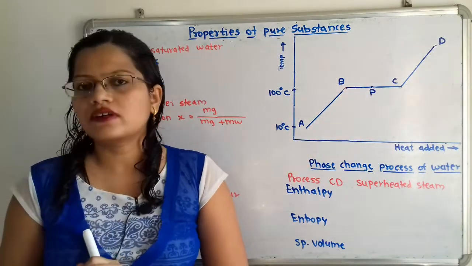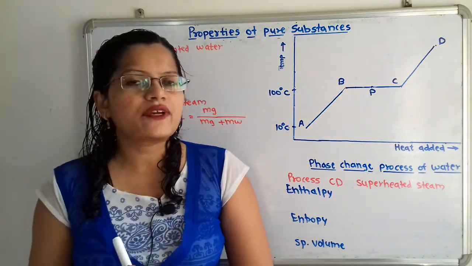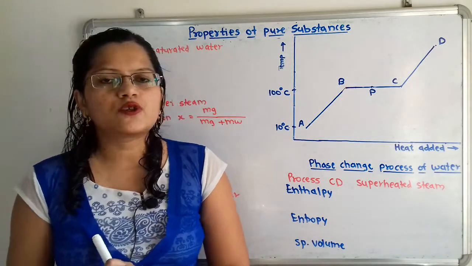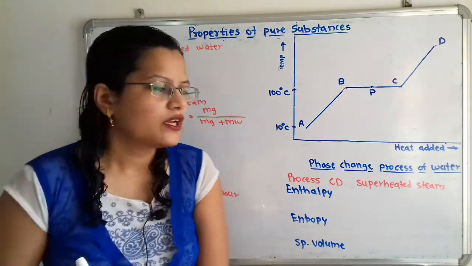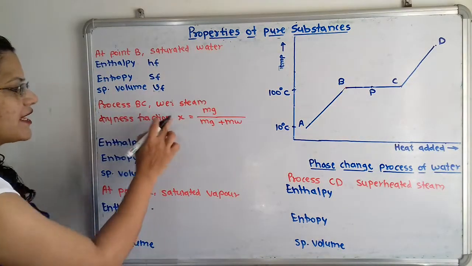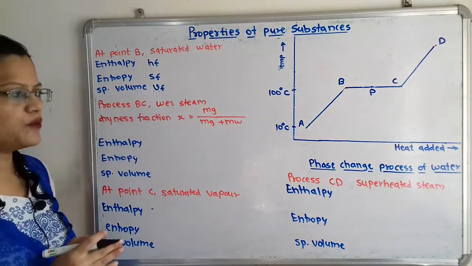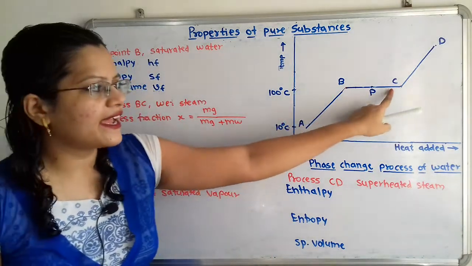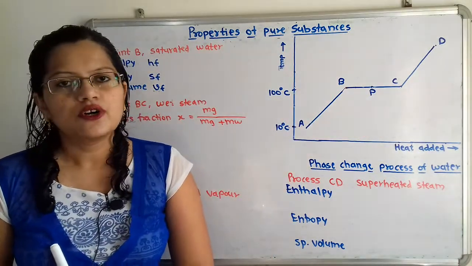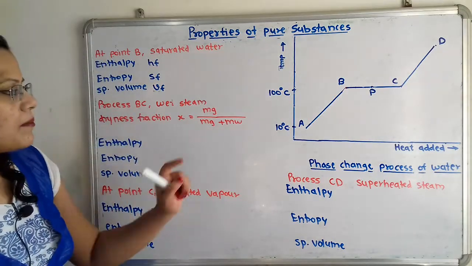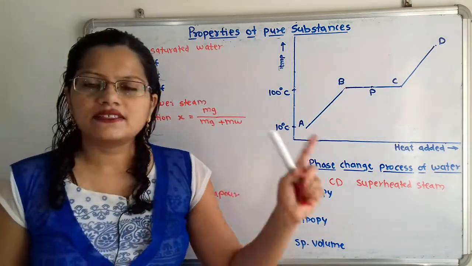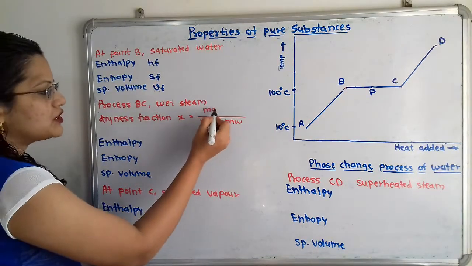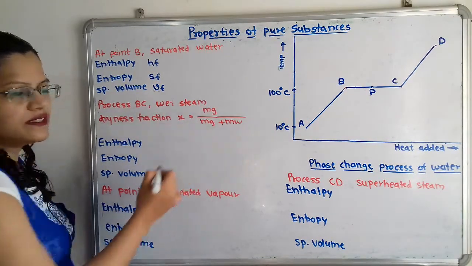So how to decide? For that we have to calculate the dryness fraction X, and it is also known as the quality. So the dryness fraction X has a formula. It is the ratio of the mass of the dry and saturated steam to the total mass of water as well as water vapor. So we can say the formula is mg divided by mg plus mw.